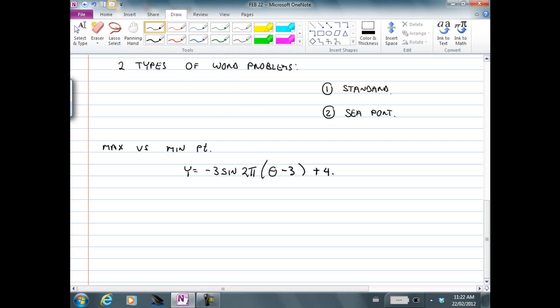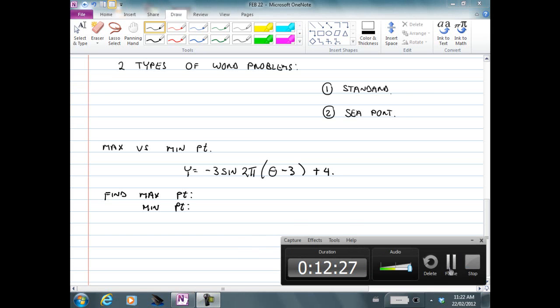I'm going to ask you to find the max point and min point. Max point is the highest point on this graph. Min point is the lowest. I'm going to pause it and let you have some time. Alright, here we go.